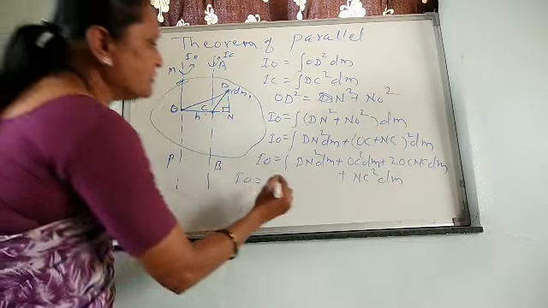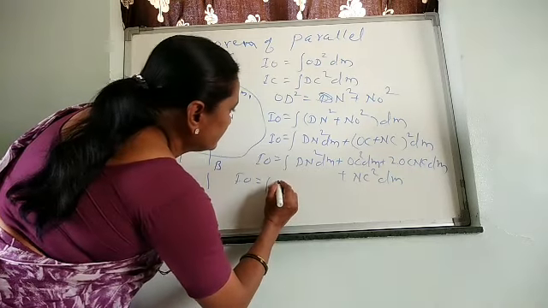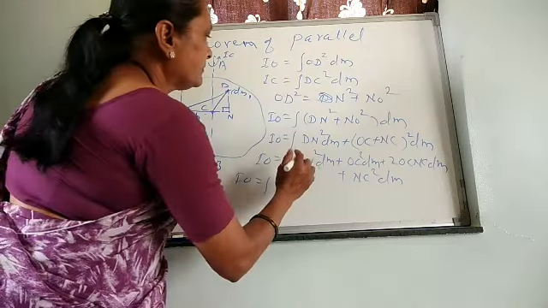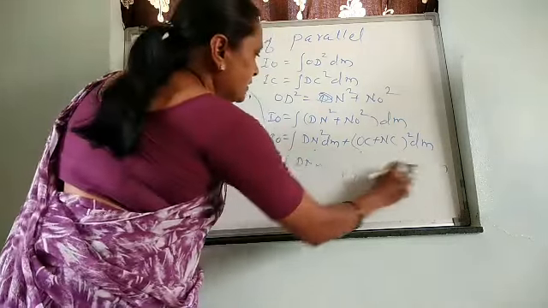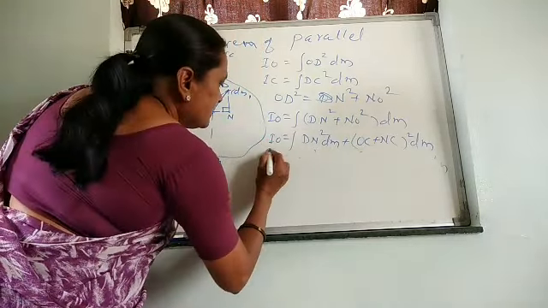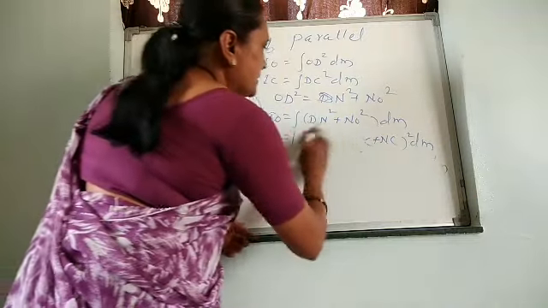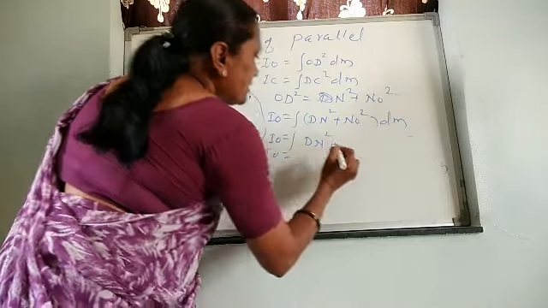That means you can write it will be equal to dn square. Before multiplying this, we can write here IO is equal to dn square plus NO square, multiplied by dm.